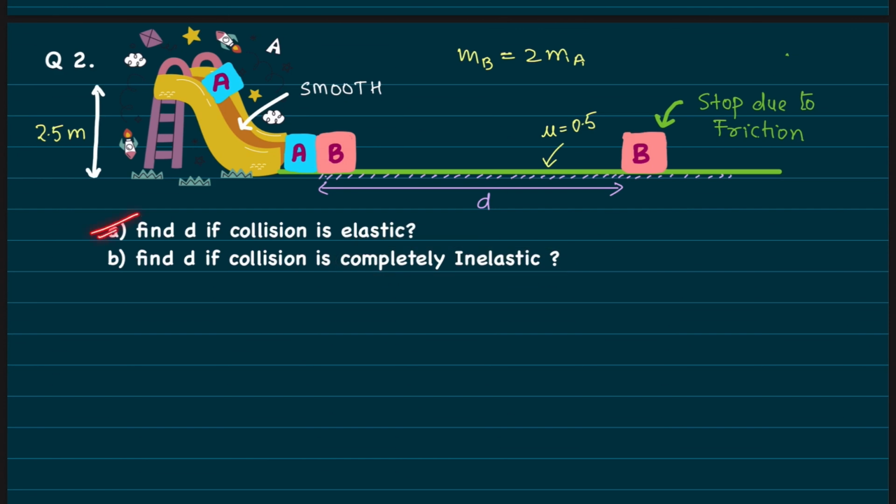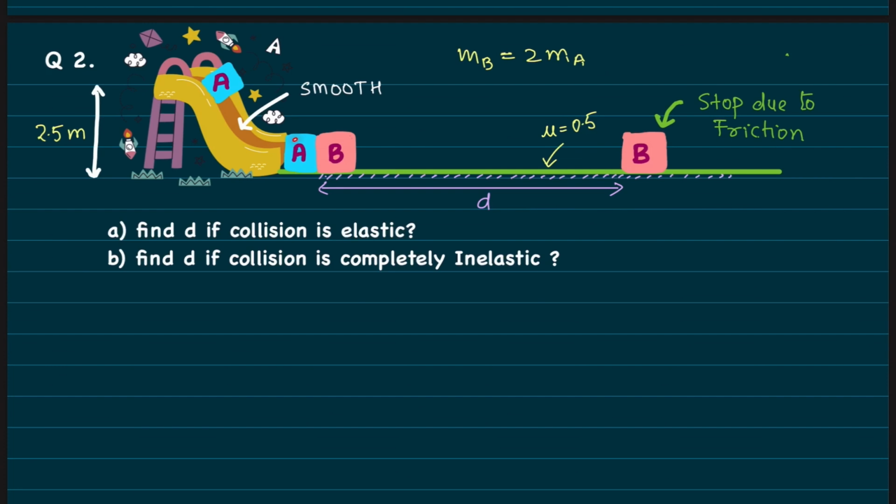So we will discuss the first one. If the collision is elastic, then what will happen? This will move forward, and due to the presence of friction, after covering some distance, the block will come to rest, right? So we need to calculate the distance d, after how much distance the block comes to rest, under elastic collision.